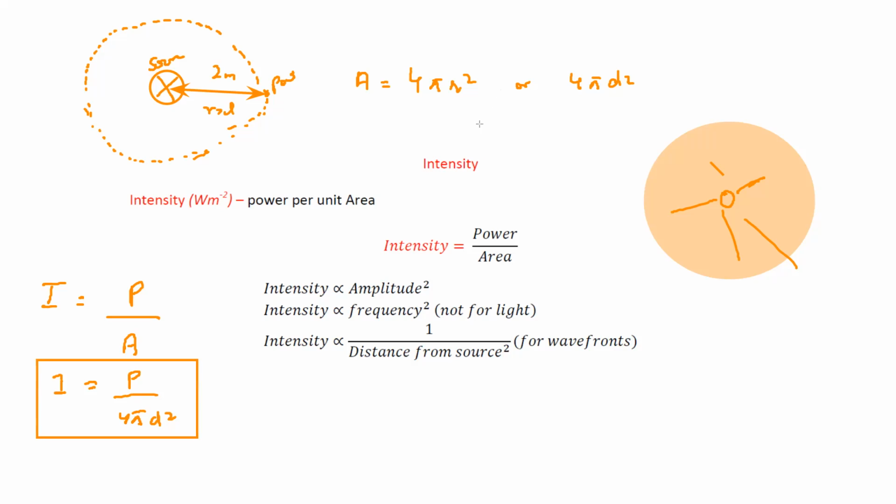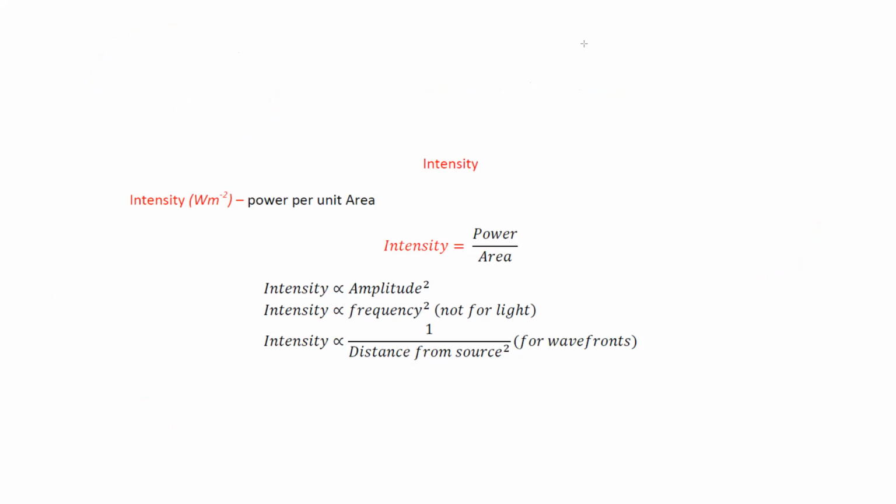In the same way, for example, we are finding the radiation intensity of the sun on the surface of the earth. So this is our sun, and we want to find the radiation intensity of the sun on earth, like how much radiation is coming on a unit area in 1 second.